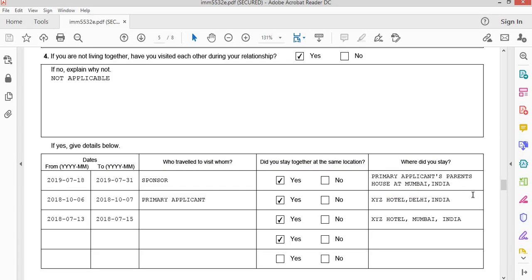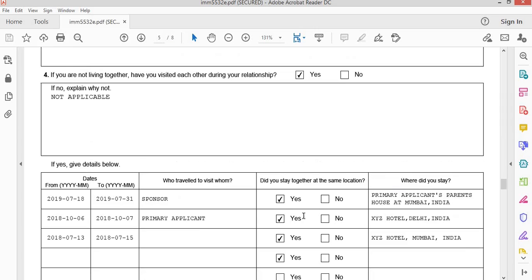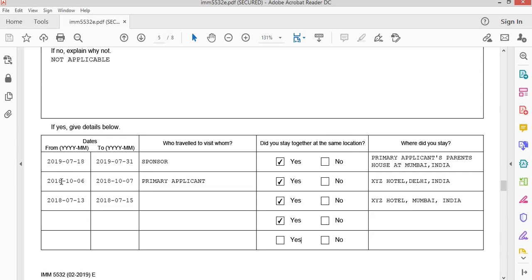For example, here I have mentioned that from this and this date, the sponsor traveled to meet the primary applicant, and they were living together, yes, and they were living at the primary applicant's parents' house at so and so city and so country. Here I have given another example that from this to this date, the primary applicant traveled to visit the sponsor, and they stayed together, yes, and they stayed at XYZ hotel at Delhi.